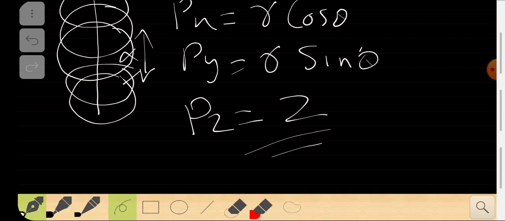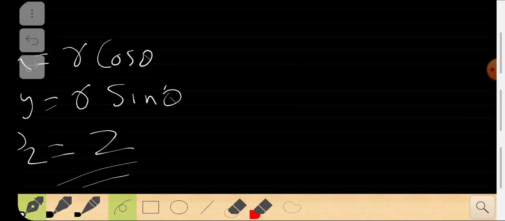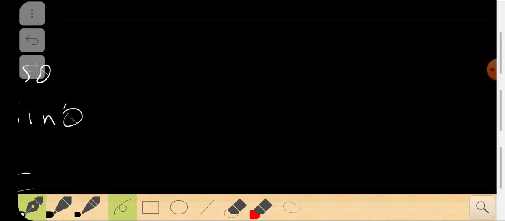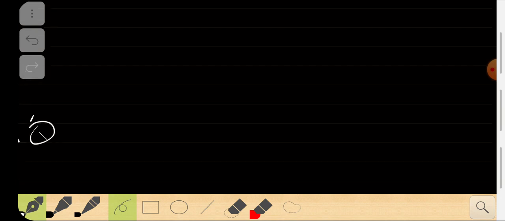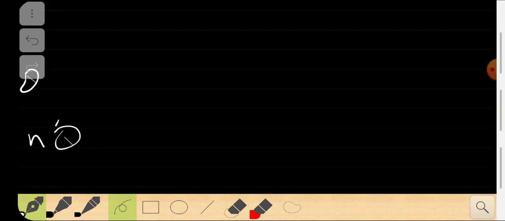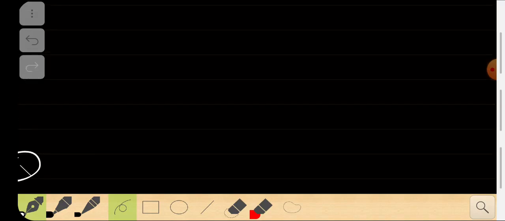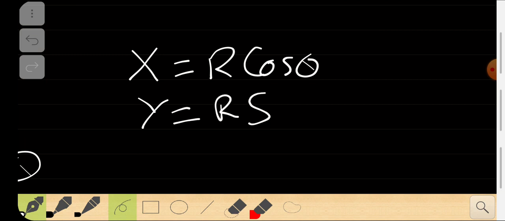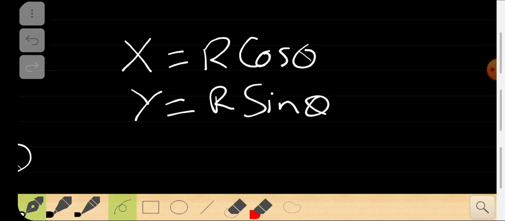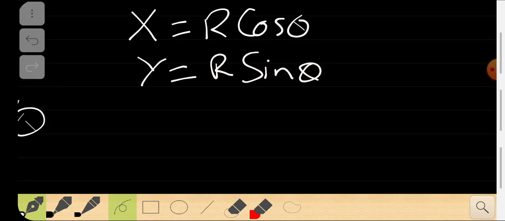Now a key aspect of both these systems: let's calculate what p is. The x component is x equal to r times cos theta, and the y component is r times sine theta. Now you can calculate r easily.